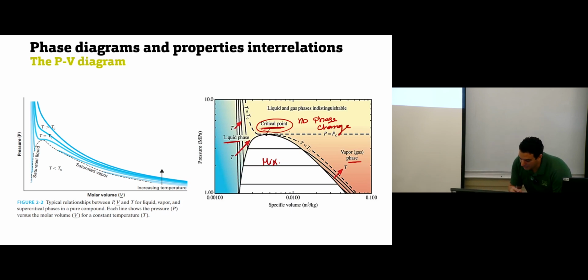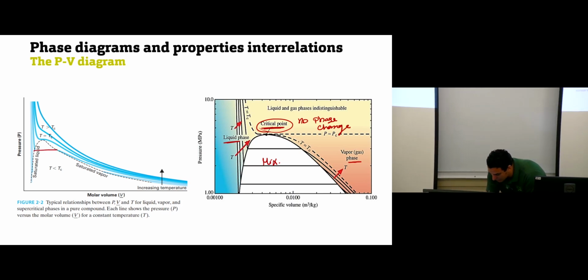And again, above the critical, here we can see the horizontal lines. When T is more than the critical temperature, then no horizontal lines will appear. So we have no phase change.